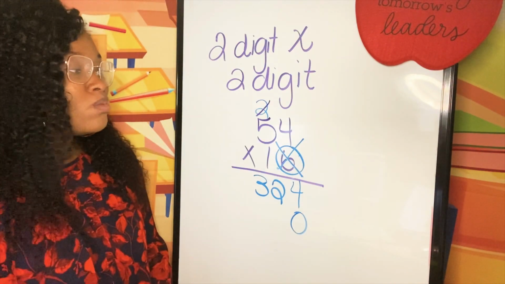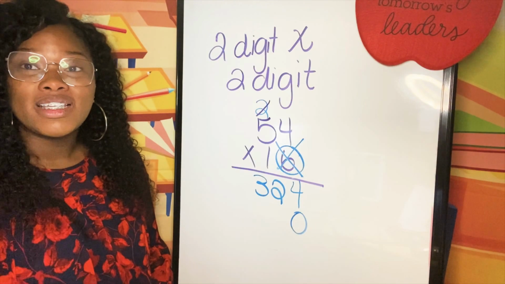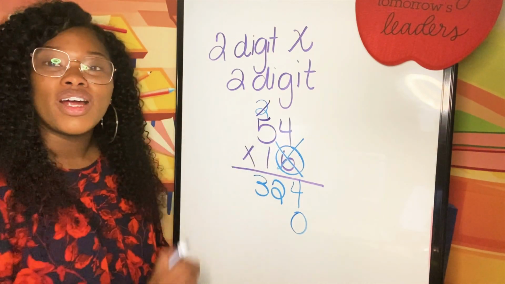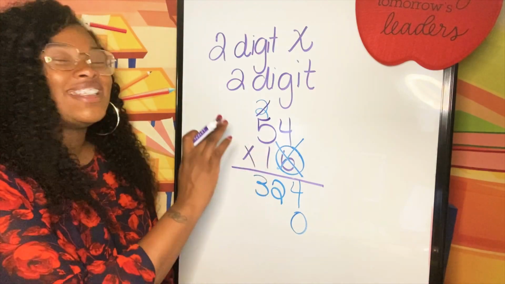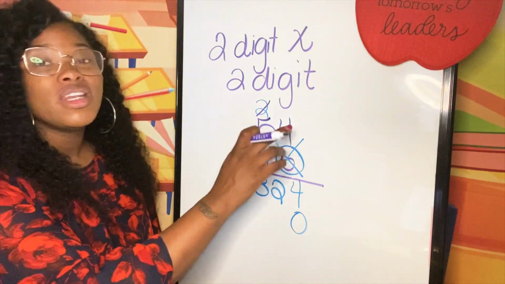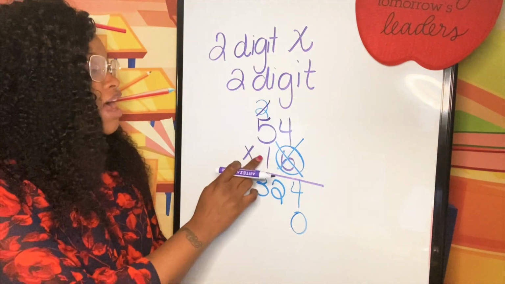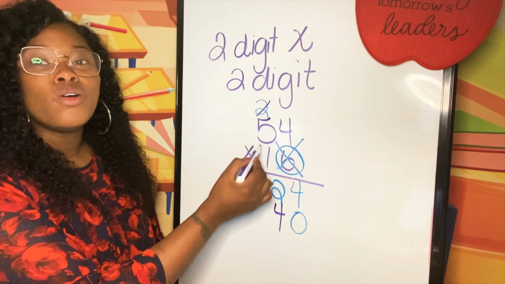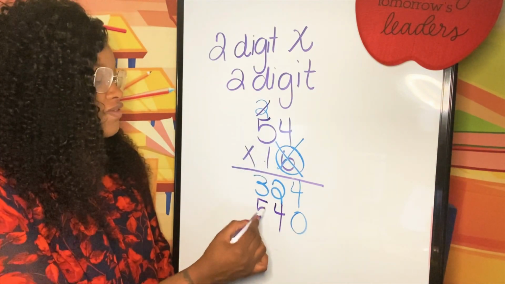Now we're going to move on to our next spotlight number in the tens place, which is 1 times 4. You're going to use this 1 exactly how we used the 6. You're going to multiply 1 by both of the numbers at the top. 1 times 4 gives us 4, and 1 times 5 gives us 5.